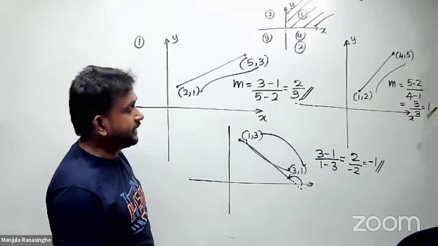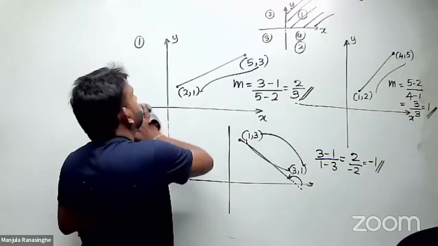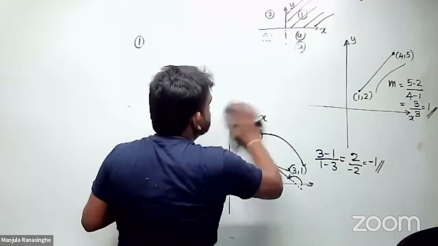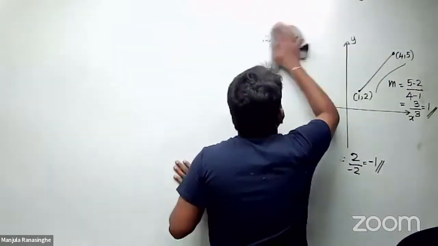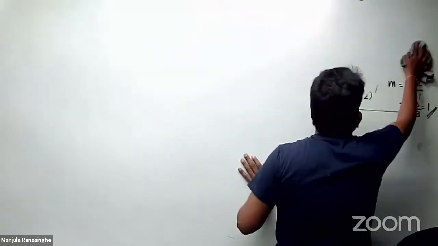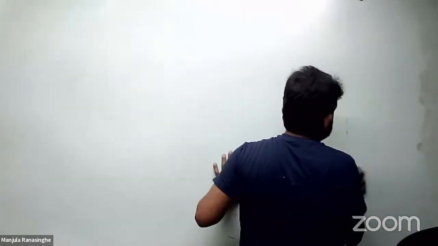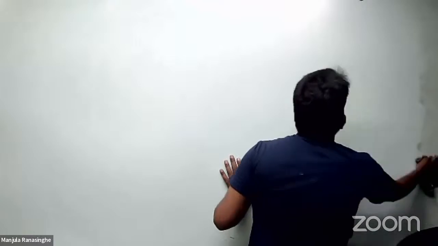Now that part is done. Everyone did finding the gradient when 2 points are directly given. Right. And now check. Sometimes the points are not directly given, so we have to find the points.